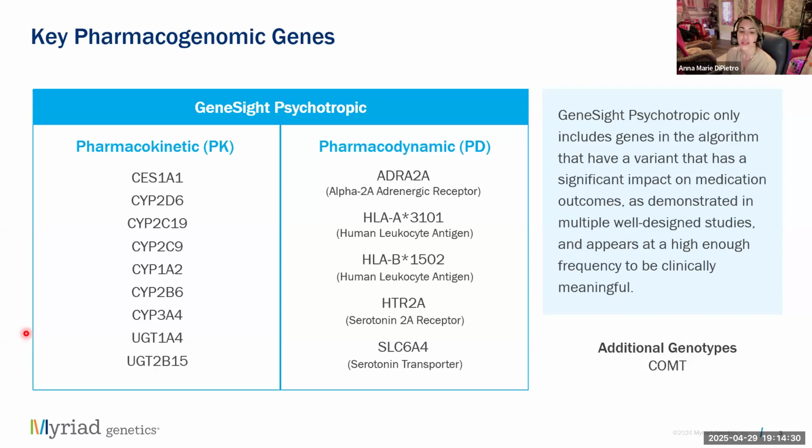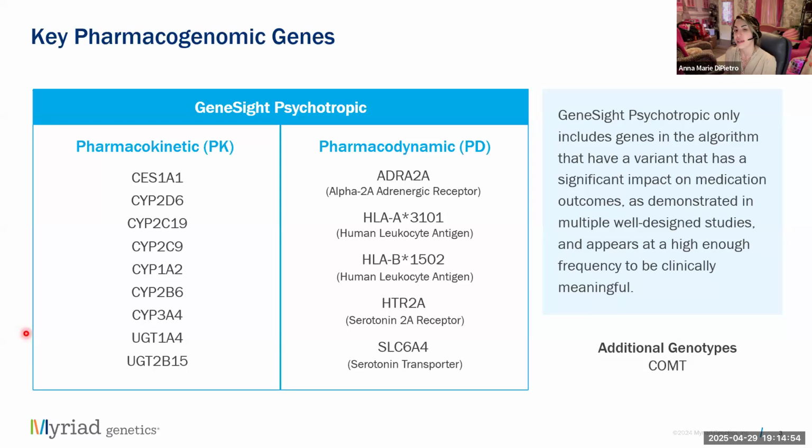With GeneSight, you can look at that report. Once you've utilized the report a little bit, you can page to the ones that are going to change your mind about what you might prescribe or not prescribe, or what dose. And within that 30 seconds, you can look at a report and know, should I change my mind about something I was going to do, or where should this conversation with this patient go?